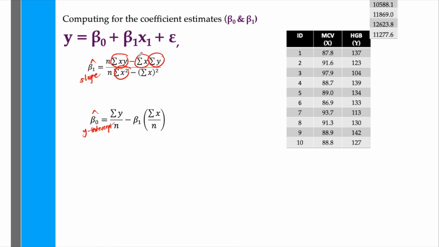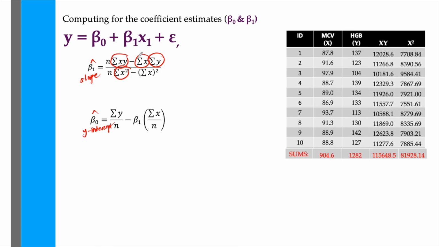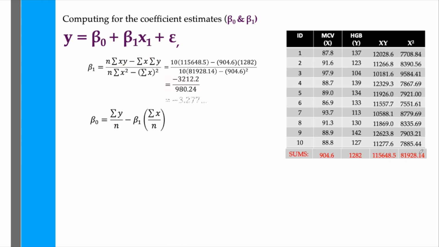So the same values that we got a while ago, and substitute those values. So sum of xy here will be this one. Sum of x would still be 904.6. Sum of y will be 1,282. Sum of x squared will be 81,928.14.